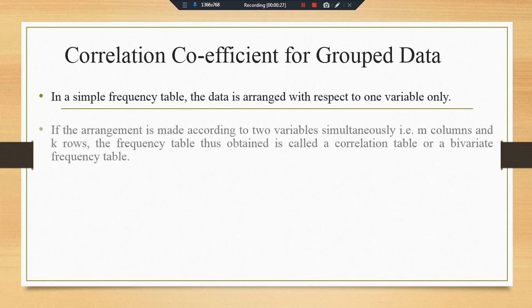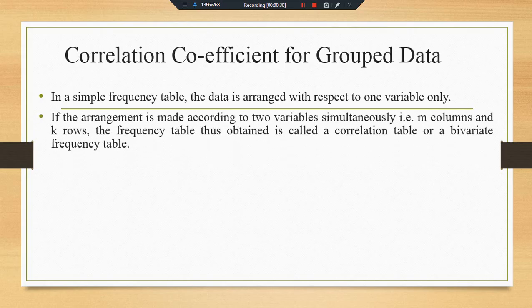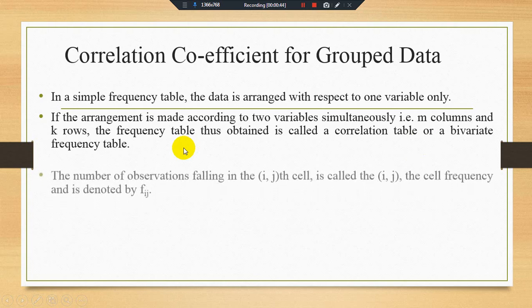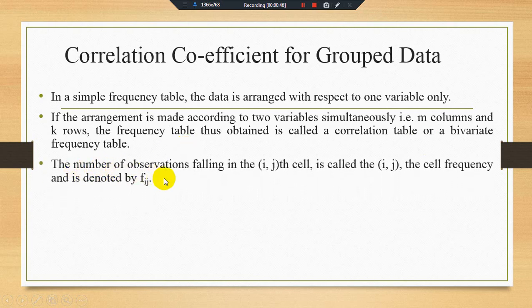But if the data arrangement is made according to two variables simultaneously, let's say we have m columns and k rows, the frequency table that is obtained is called the correlation table, or a bivariate frequency table. Here the number of observations falling in the ith or jth cell is called the ith and jth frequency, and it is denoted by Fij.